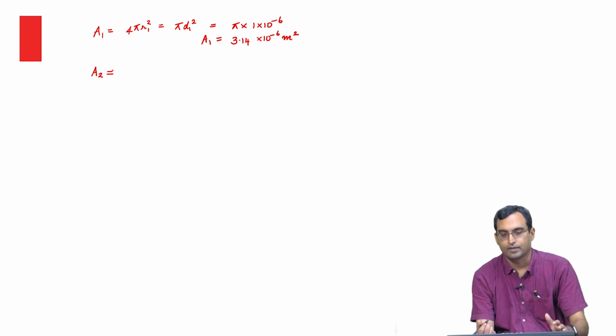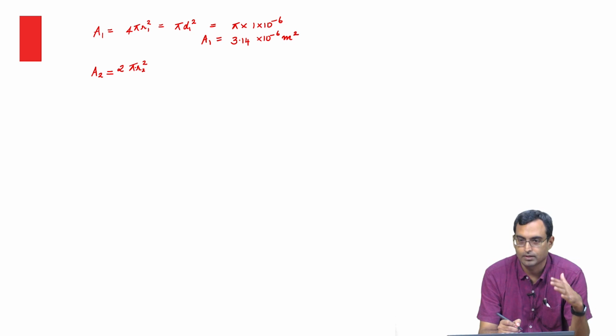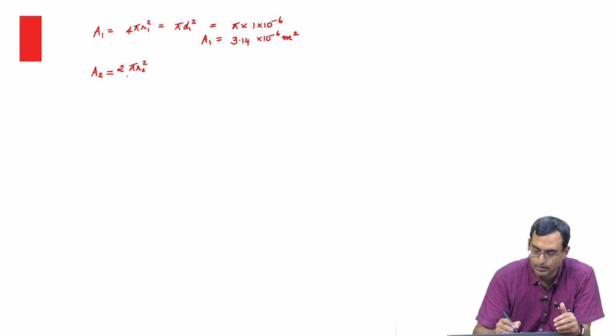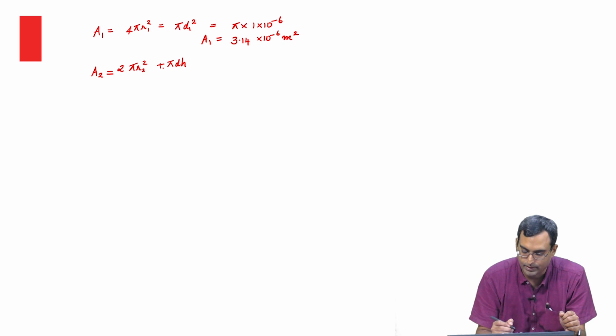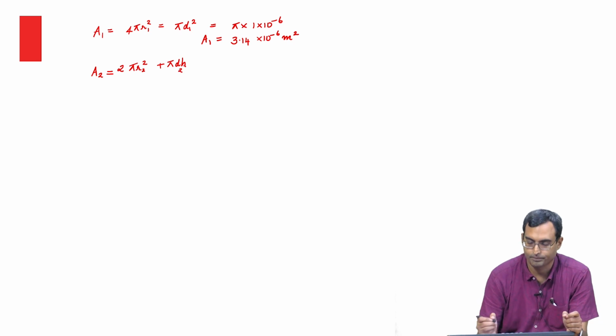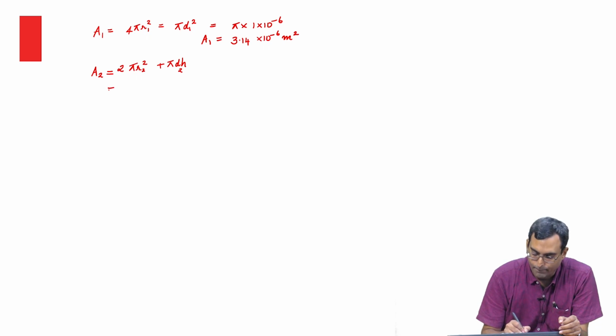We have the two edges, the two caps, so it is pi r square on the top, pi r square below, and then we have the area of the flank of the cylinder, so we have the area of the surface sides of the cylinder. We can find out the value of this as well.